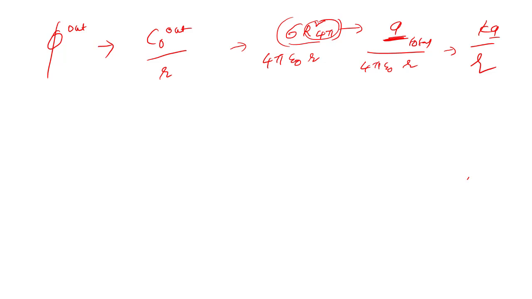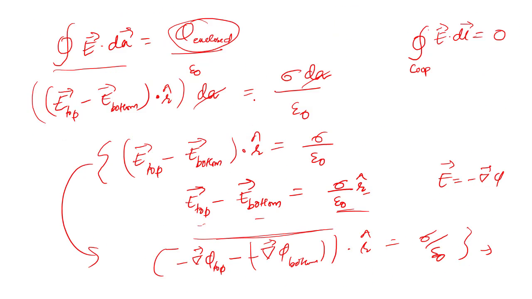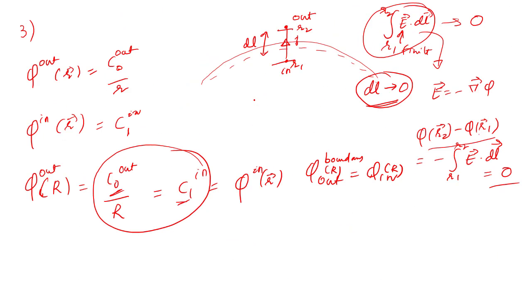And then phi inside is equal to C1n, and we have seen what that C1n should be. It should come out from the relation we had found between C1n and C out.